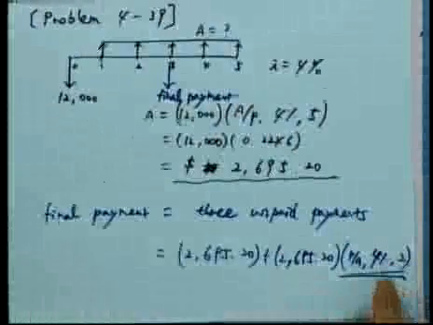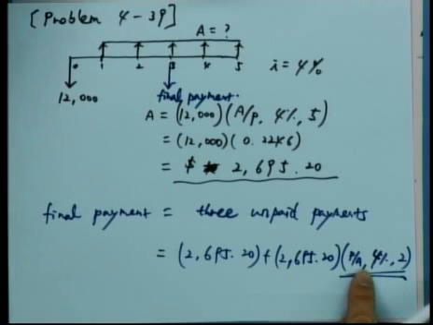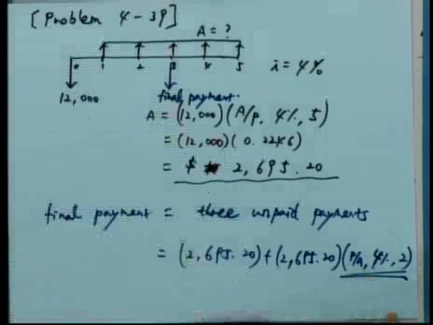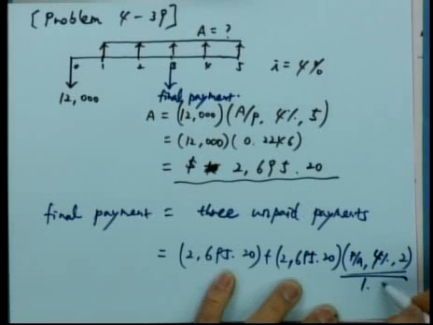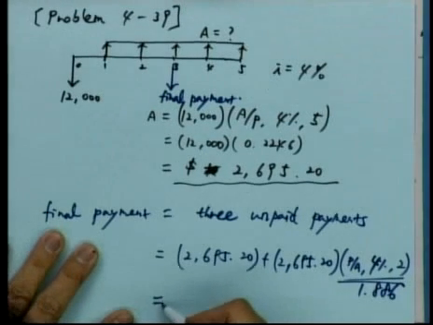So you need to look at our text page number 606. P given A over 2 periods is 1.886. Okay? So how much is that?